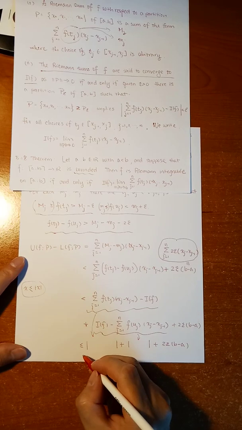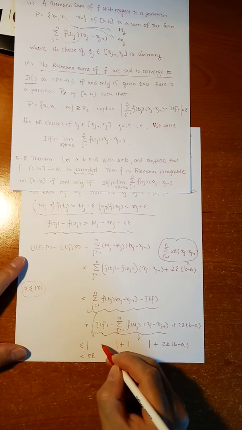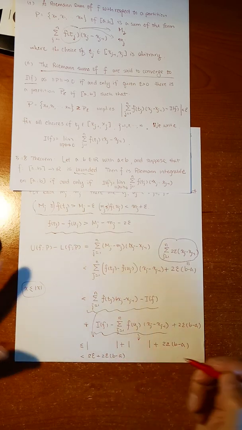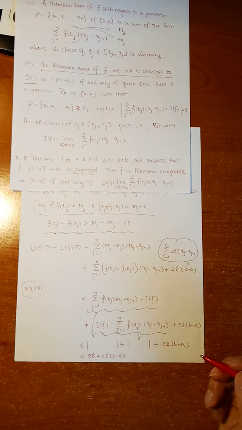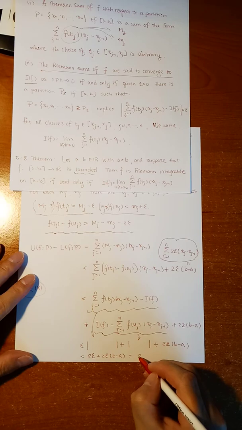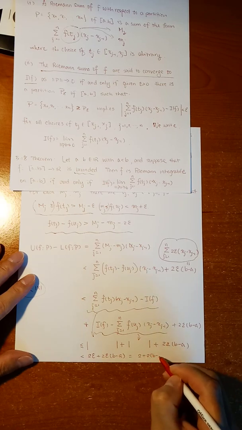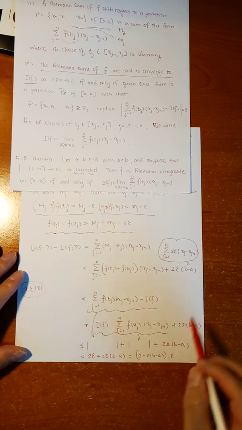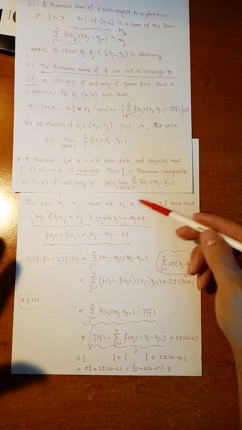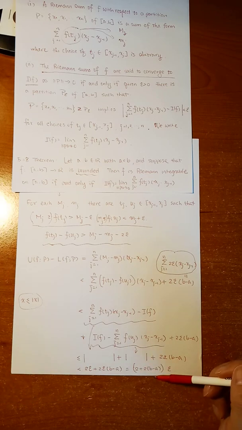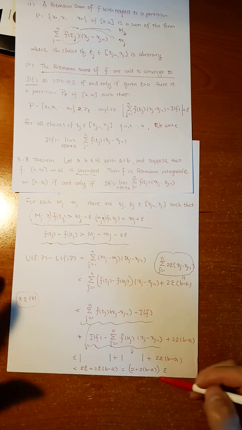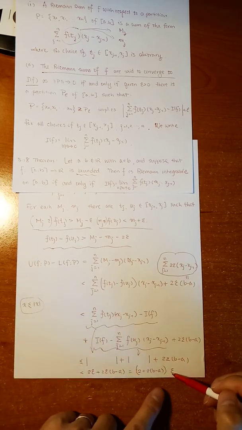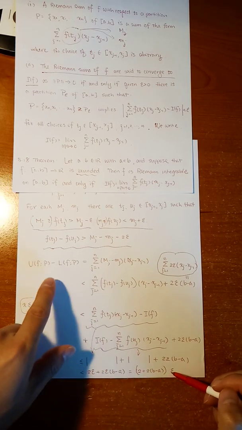And this one is going to be less than epsilon plus 2 epsilon times (b minus a). If you want to make this better, at the original part, for whatever place, you just divide by 2 plus 2 times (b minus a), then this is epsilon. But it's okay. So the difference is always less than this quantity, by the definition.